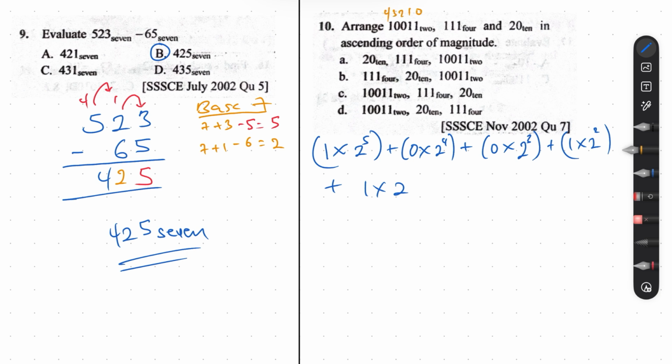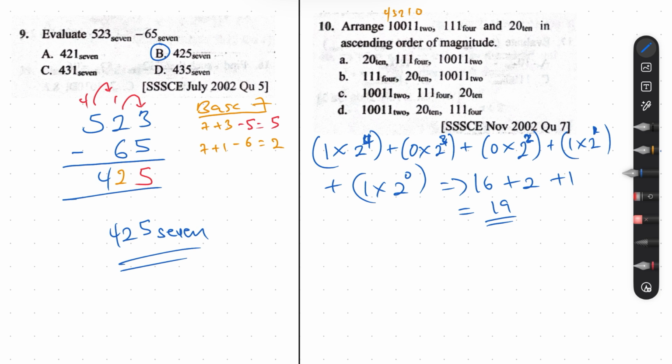So this side is 4, here is 3, here is 2, here is 1, and here we'll have 0. So our solution is 16 plus 2 plus 1, which gives us 19.